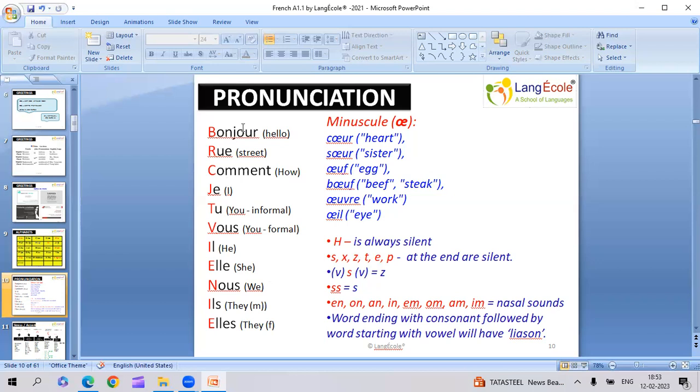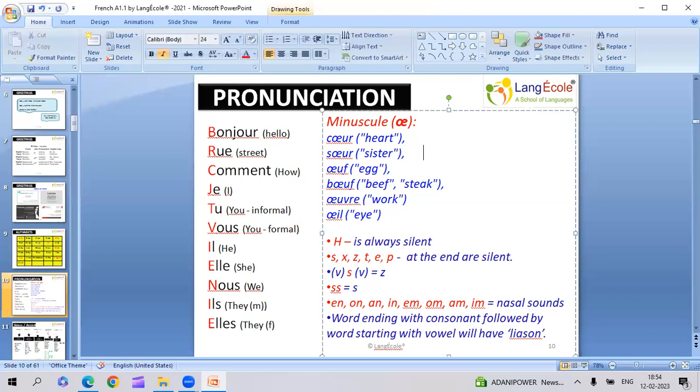Now, as I was teaching you about OU, you've also seen OU. Similarly, there could be other combinations of two vowels. For example, EA, right?